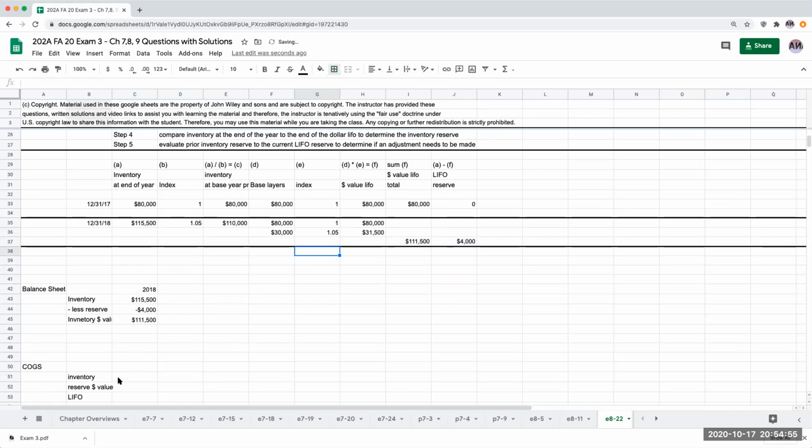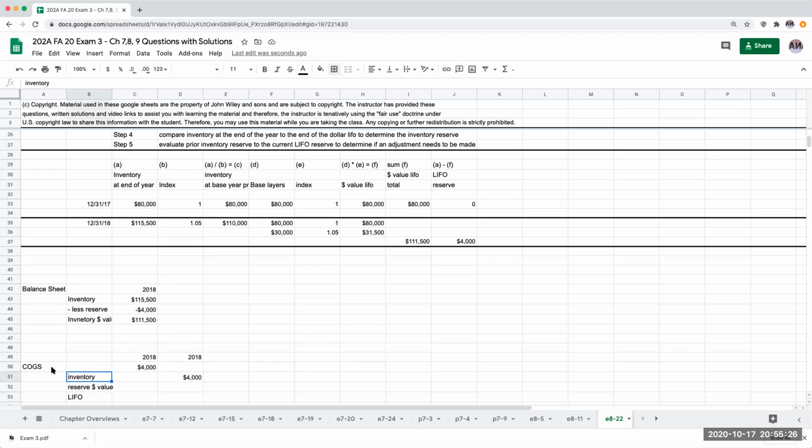For my journal entry for 2018, I would be debiting cost of goods sold for the amount of the reserve, because as a reminder, I've got to show this impact. So I'm going to debit cost of goods sold to show that impact. And then I'm going to be decreasing inventory. This is really my inventory reserve to reflect inventory at dollar value LIFO.